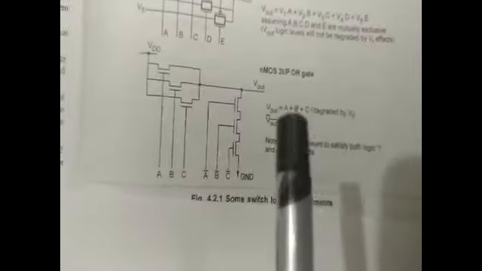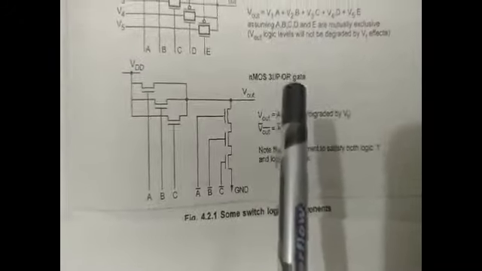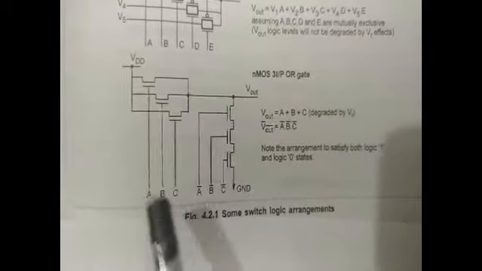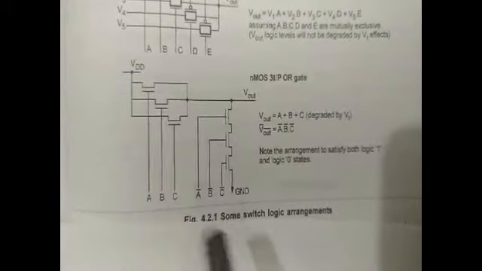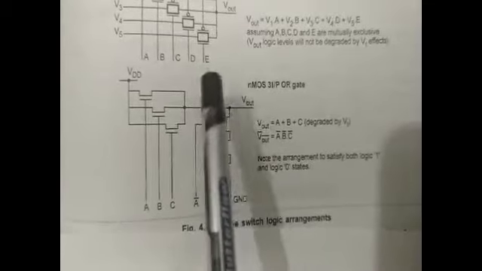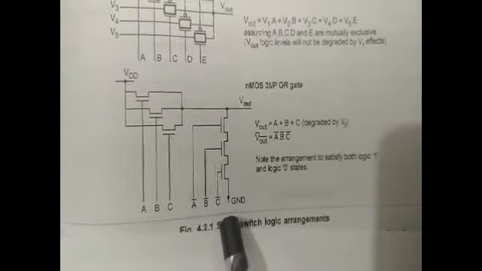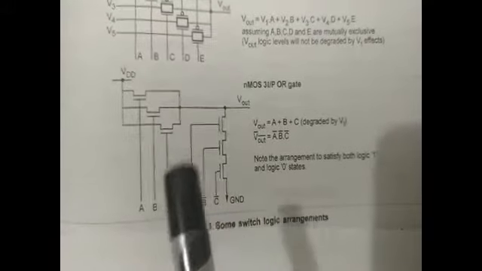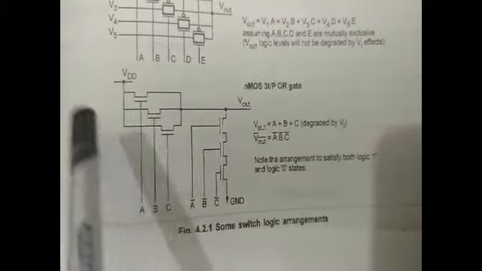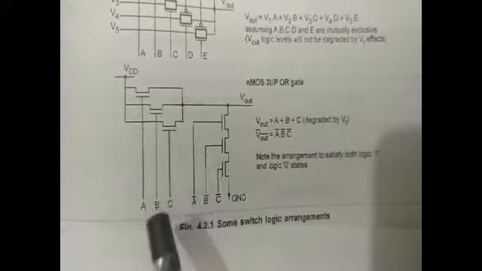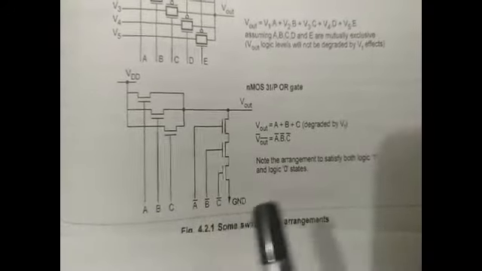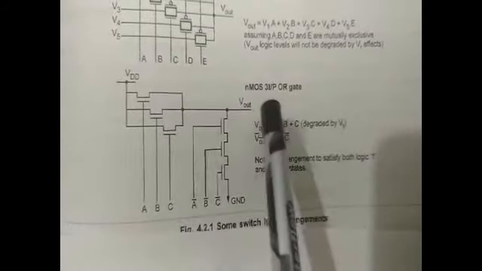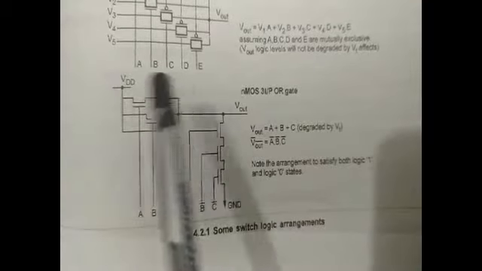Okay, so next, this one is the simple NMOS 3 input OR gate. Here we have connected A, B, C in a parallel connection and A bar, B bar, C bar in a series connection. We cross check: whatever input we give, A as 0 or 1, we should get the corresponding V out value.